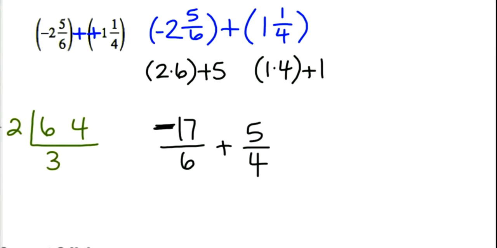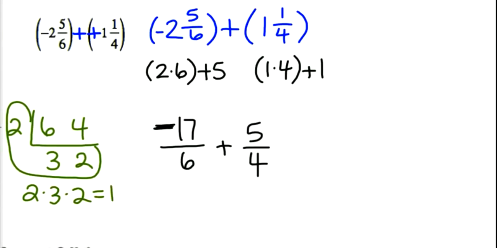Both of these can be divided by 2. I'm going to make an L and multiply everything that's inside of it. So 2 times 3 is 6 times 2 is going to give me a least common denominator or least common multiple as 12. So I have negative 17/6 and I have 5/4.